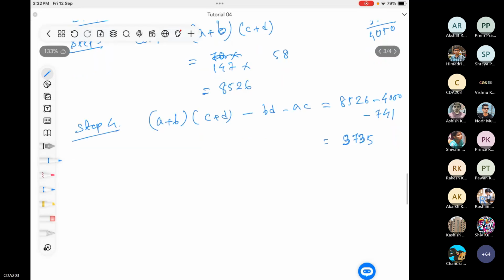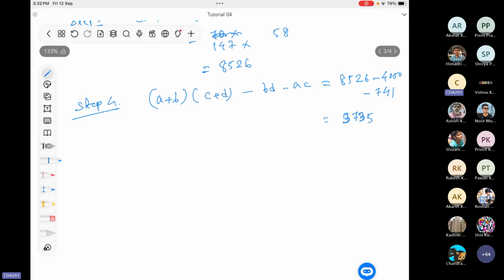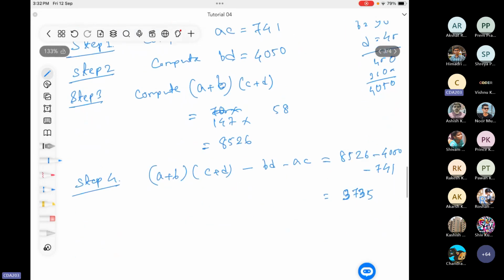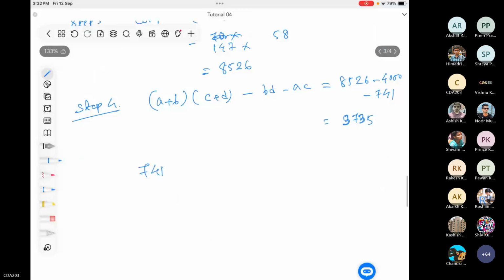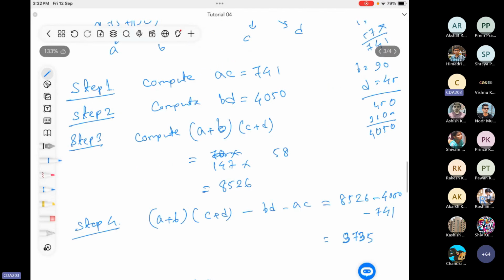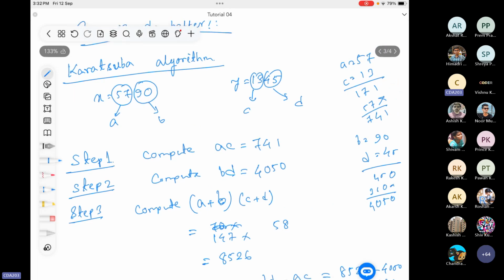Now what you do is write in this way. The first we computed AC, and we have 4 numbers, so we add 4 zeros in here. Then we computed what? 4050, right? BD.